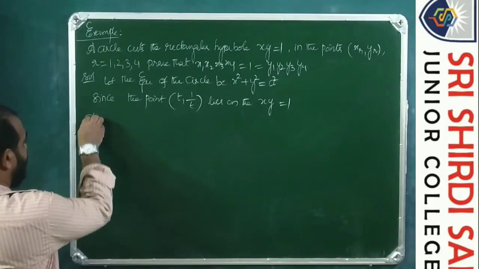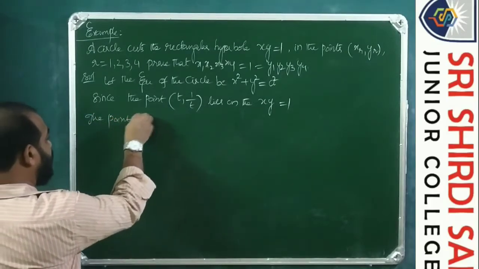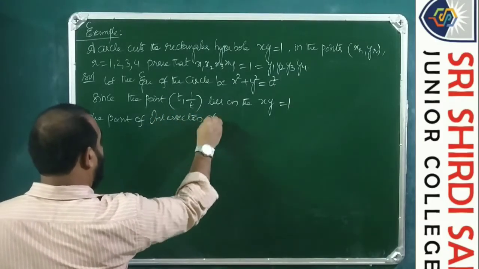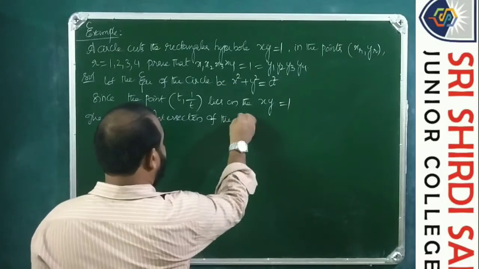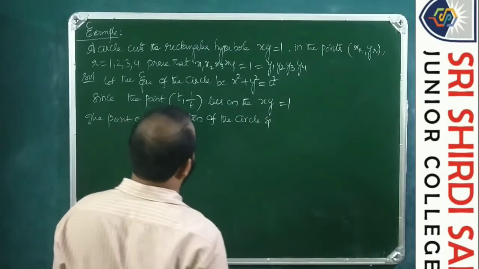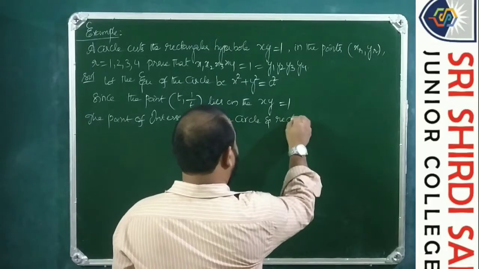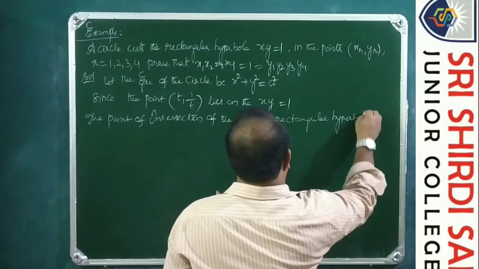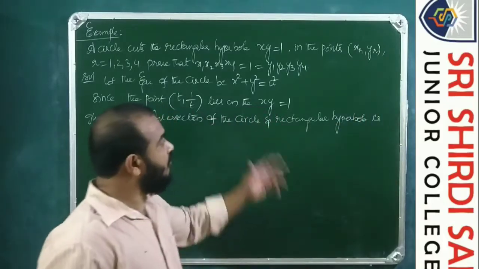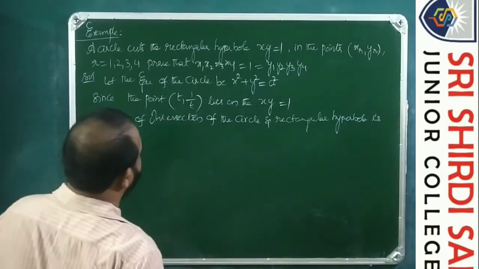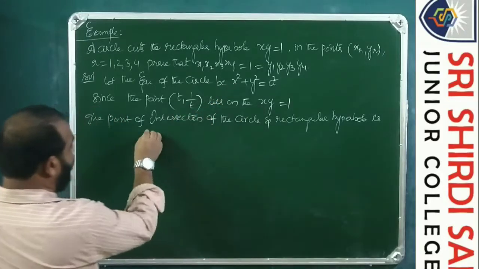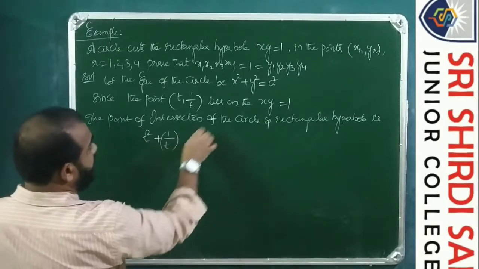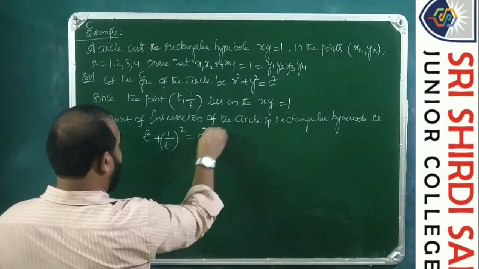Now the point of intersection of the circle and the rectangular hyperbola is solving 1 and 2. So this is x is equals to t. So t square plus y, 1 by t, whole square is equals to a square.